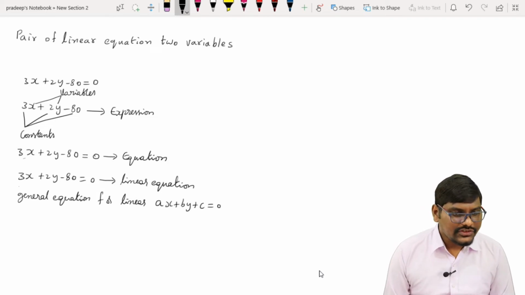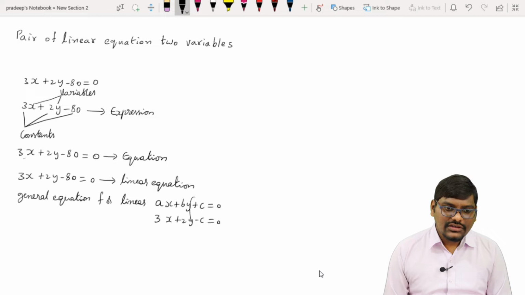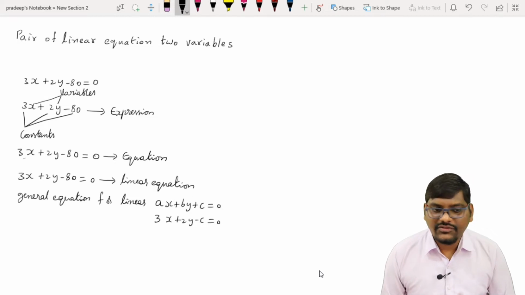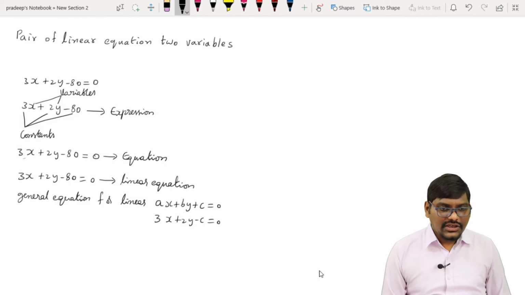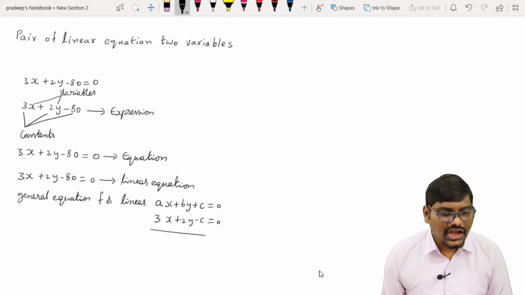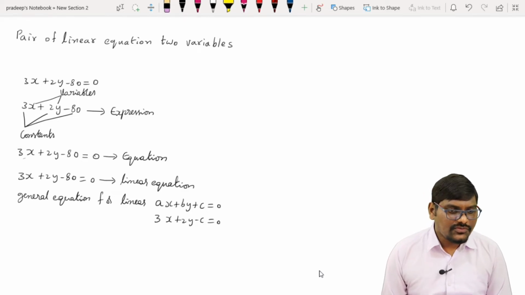See here, this equation, if I represent it here, looks exactly like 3x plus 2y minus c equal to 0. The plus and minus doesn't give any sort of difference here. Here a represents 3 and b represents 2, and this c is representing minus c. So this is exactly the general equation of the linear equation, and this equation is a linear equation.